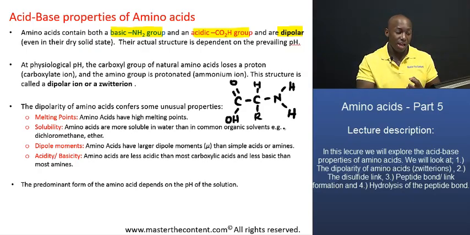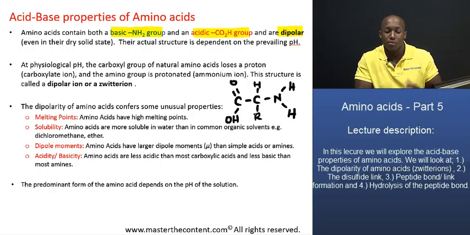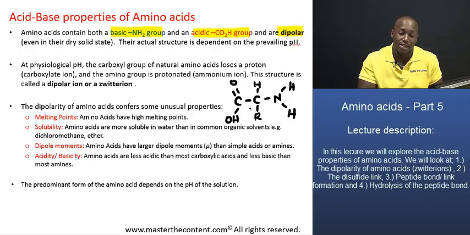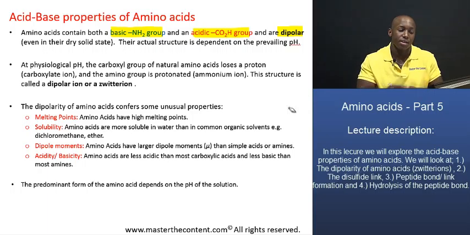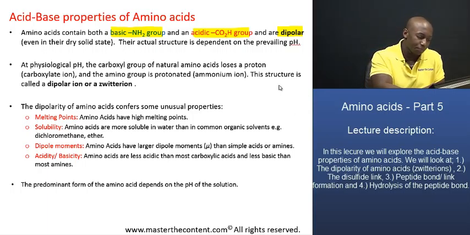The structure is actually dependent on the prevailing pH of the environment in which the amino acid is contained, and it seldom actually exists in this neutral form that has a neutral and complete intact carboxyl group and a neutral and complete intact amino group right there. So the actual structure is dependent on the pH of the prevailing environment.